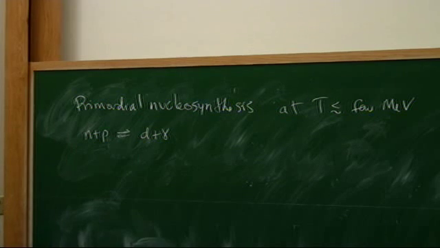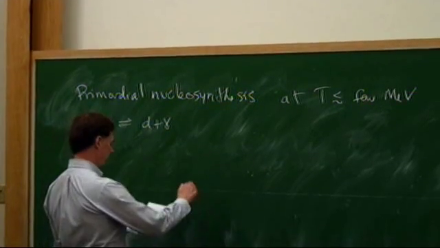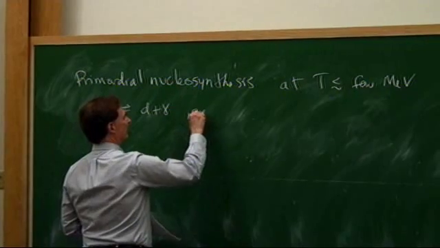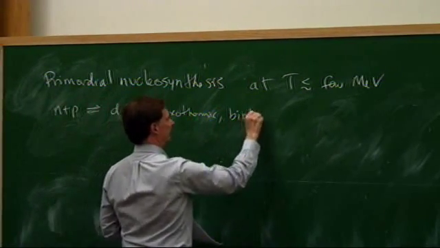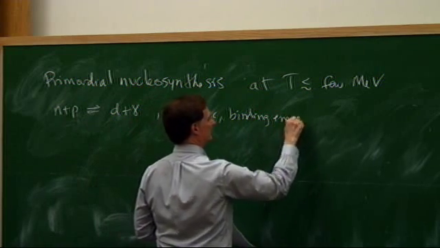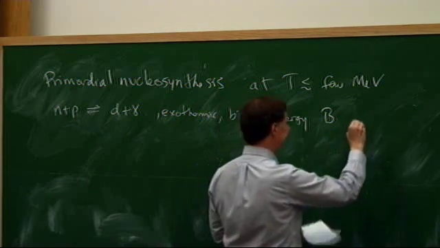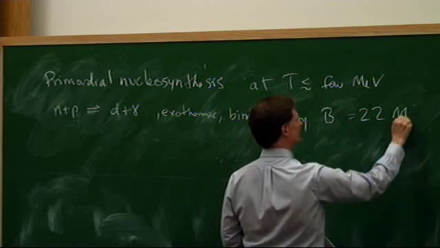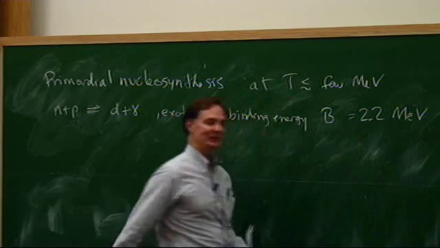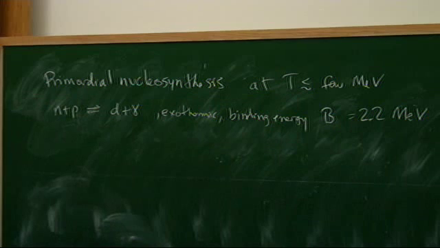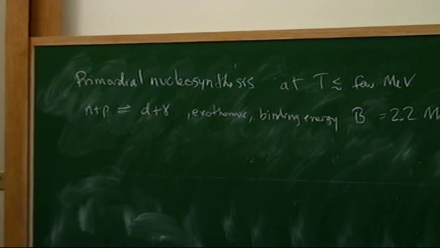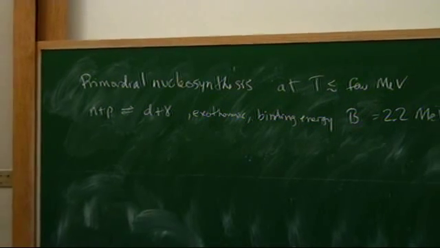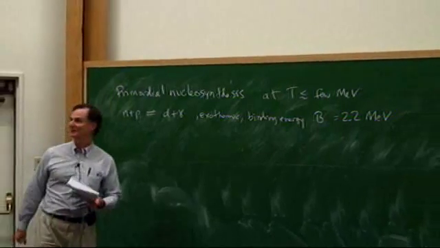So neutrons and protons, of course, can bind together to form a deuteron, which has a binding energy, I'll call it B. Here I'm just recalling from my nuclear physics, and I'm probably wrong, so will somebody correct me? Is it 2.2 MeV, the binding energy of the deuteron? Okay, good. I'm glad we have at least one nuclear physicist here.